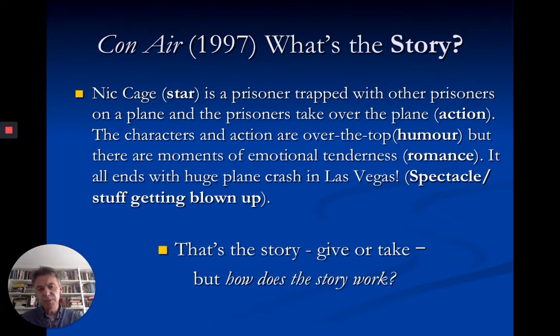There are other stars, John Malkovich, John Cusack, others, but perhaps Nick Cage is the key star, key line of appeal. He might be, for example, I didn't know the director of Con Air, Simon West. I went to that film because I liked Nick Cage from his previous performances.